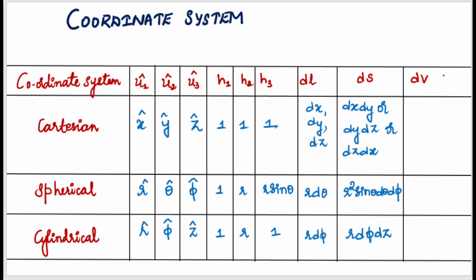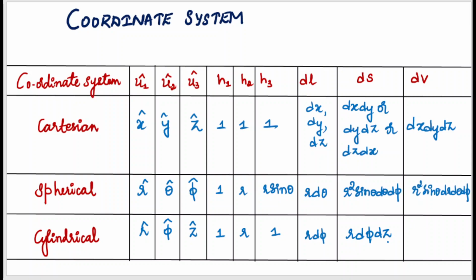Right. Now coming to the volume element. In Cartesian coordinates, the volume element is dx, dy, and dz. Now coming to the spherical, it is very easy: r square sine theta dr d theta and d phi.